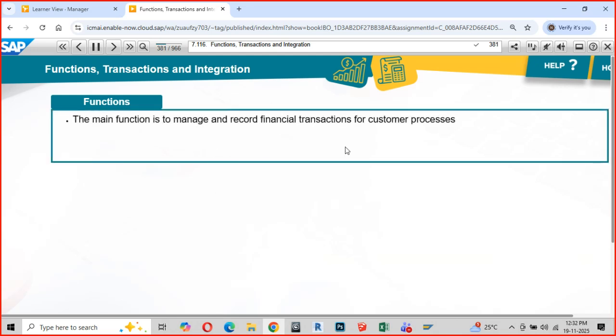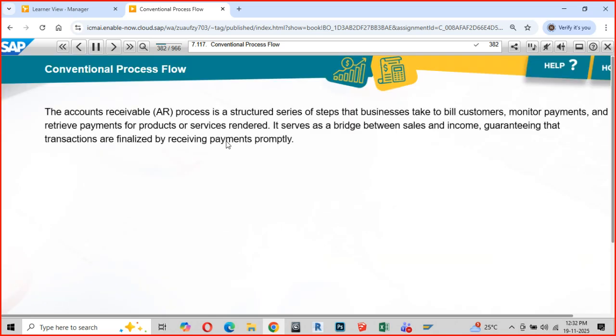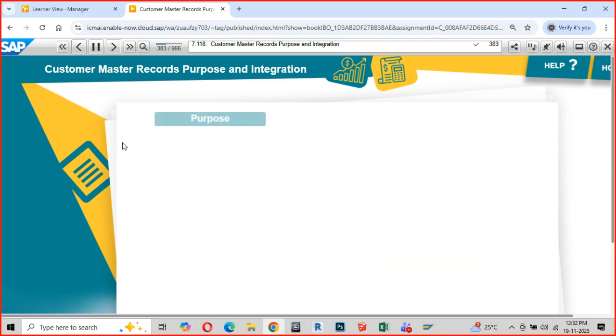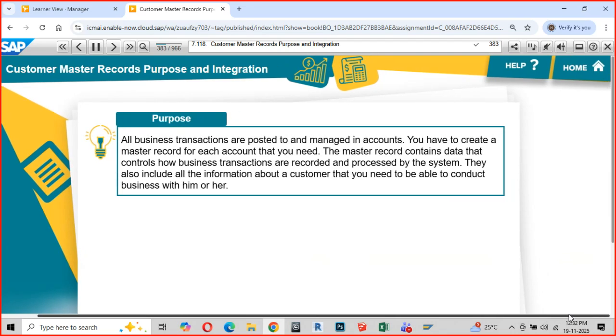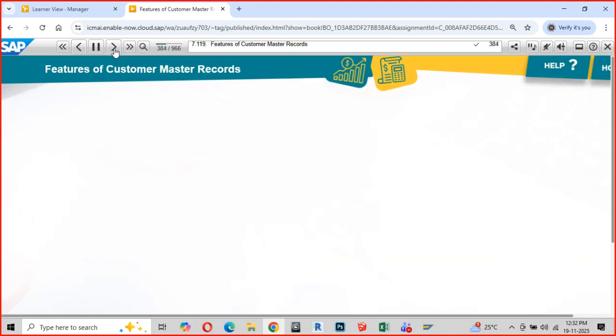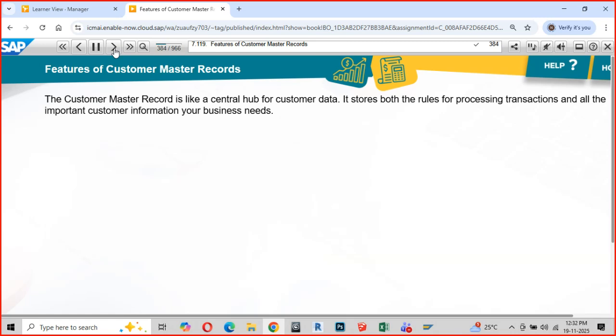Functions of recording financial transactions. All are self-explanatory. So I don't think we need to get into this again. Let me just check. The reason as to why I'm browsing through all the contents is just to ensure that I have not missed out any important terms which need a little explanation and which are very, very new and typical to SAP.